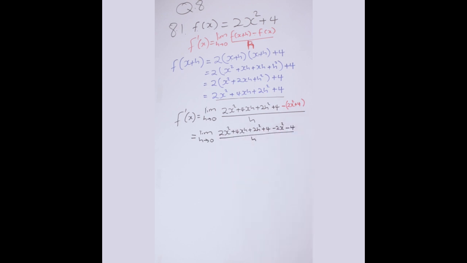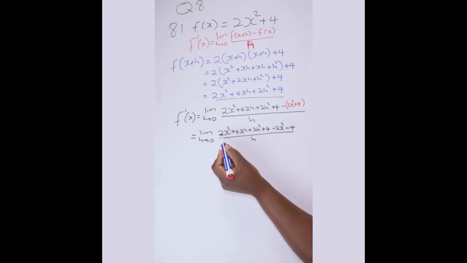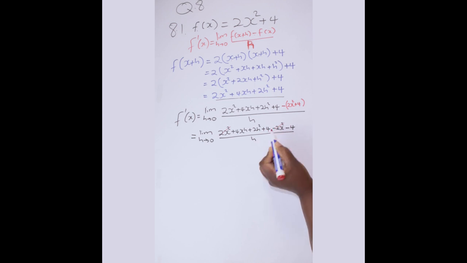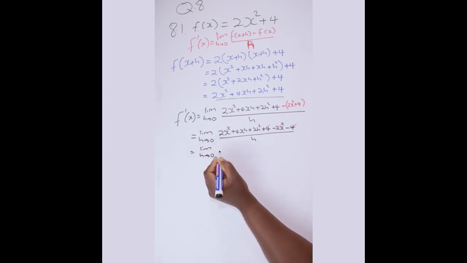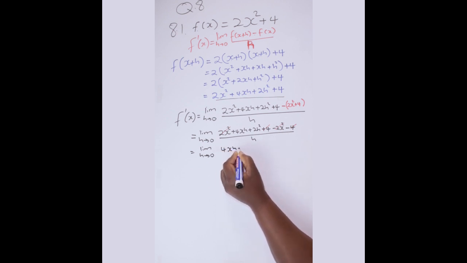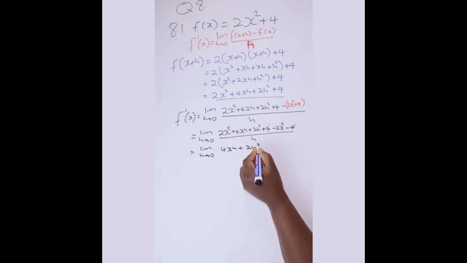Let's now look at the like terms. 2x squared and minus 2x squared will give us 0. A 4 and minus 4 will also give us 0. Then we remain with the limit as h approaches 0 of 4xh plus 2h squared.